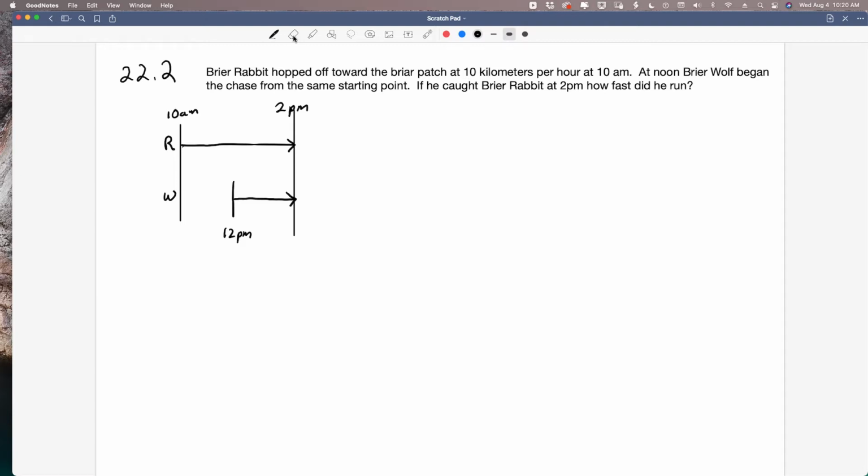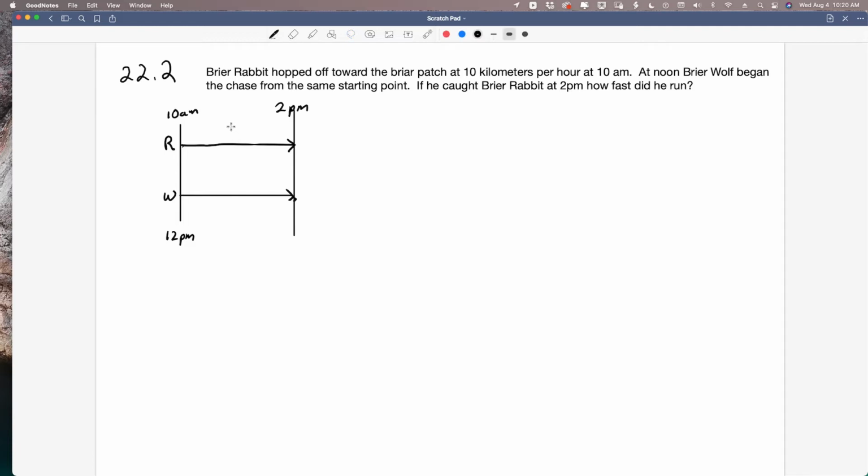Actually, I think I did that a little bit incorrectly. It's the same starting point, but for him, it is 12 p.m. So I'm going to move this over here. All right, there's my illustration. So he started at 10 a.m. and traveled this distance.